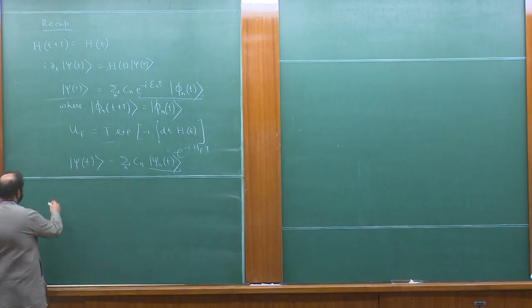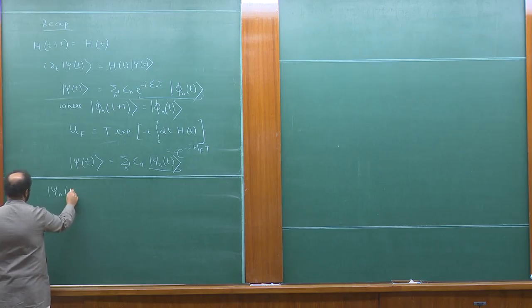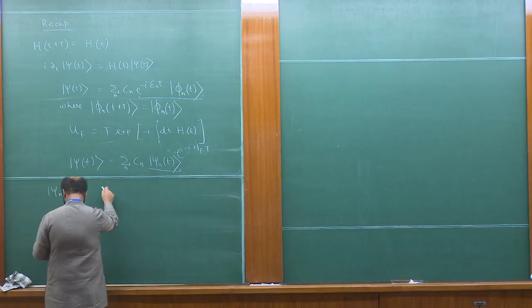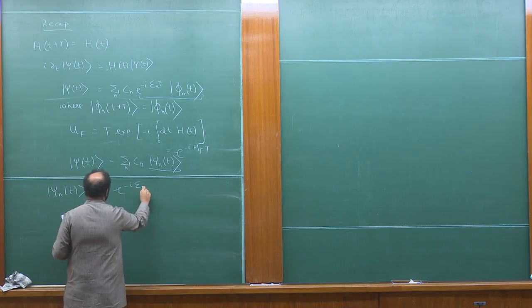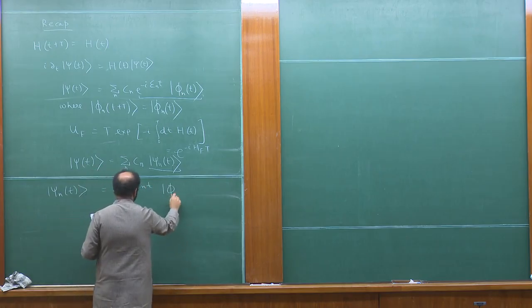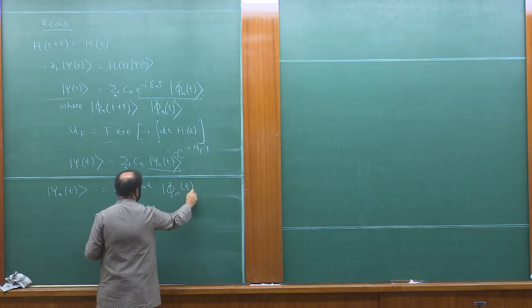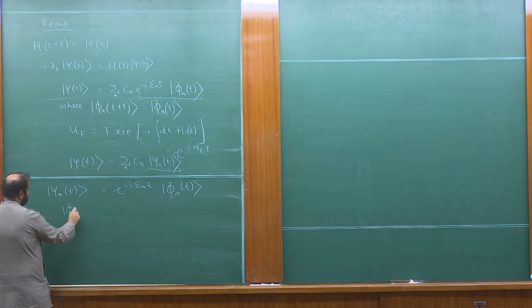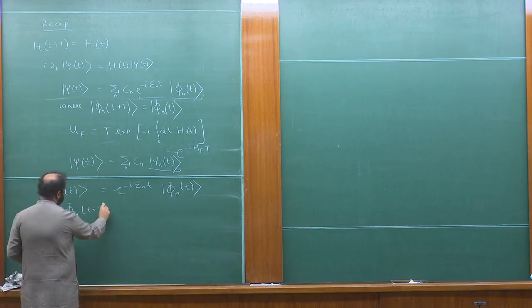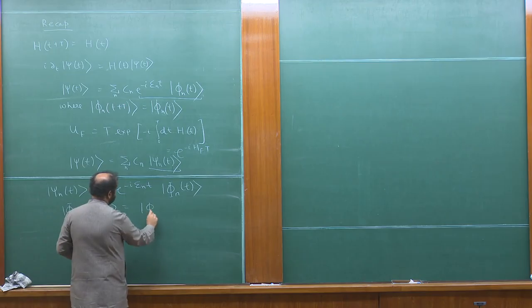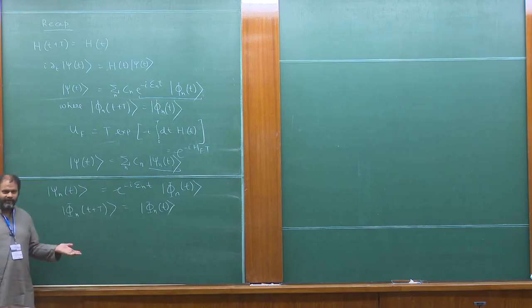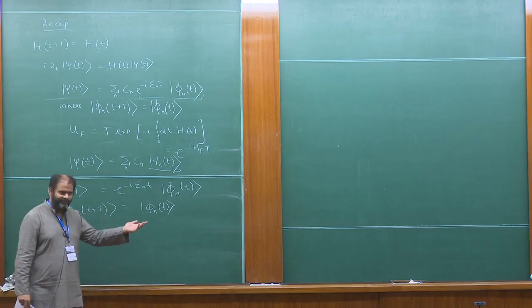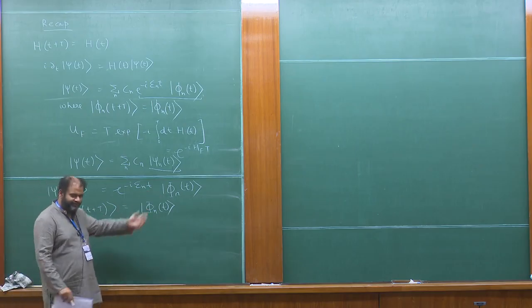Let me write it down as this, just for the sake of pedagogy, being pedantic here. And I know that phi n t plus T must be equal to phi n of t. And whenever I have such a periodic function, there is a natural thing one likes to do, which is you take a Fourier transform. So you expand it in a Fourier basis.